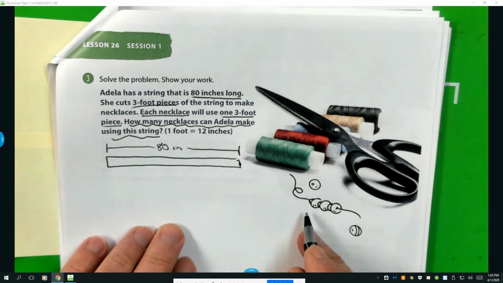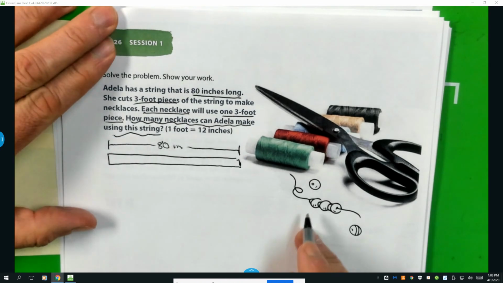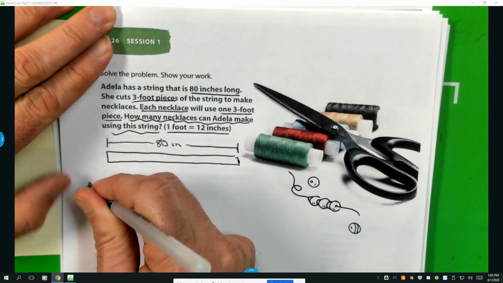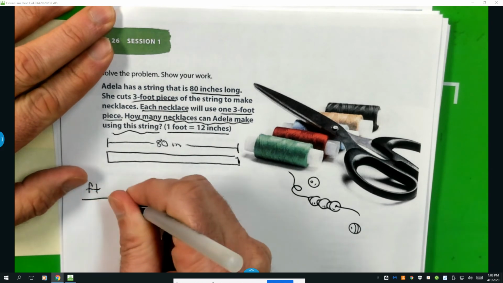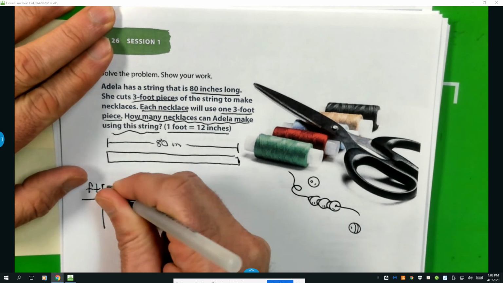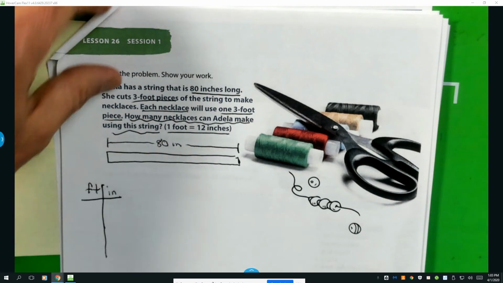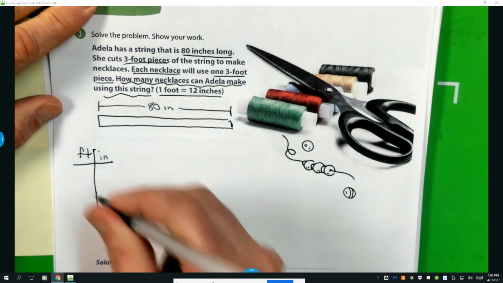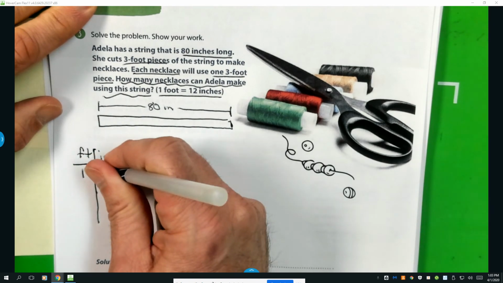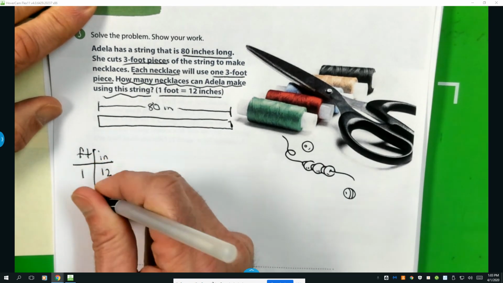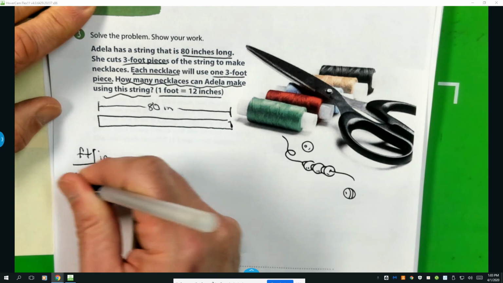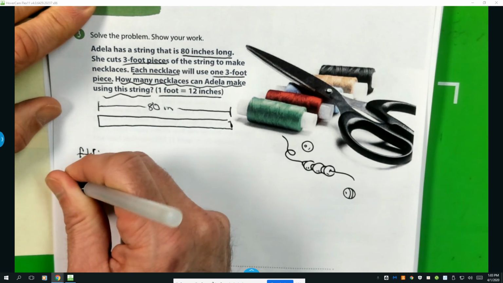Let's start with our table on this side. Okay, so we're given this information here. 1 foot is 12 inches. So let's go feet, inches. I'm glad we put our work in on tables all this time because it's really starting to pay off. So 1 foot, 12 inches. 2 feet. Now remember, on this side, we have a +1 relationship.